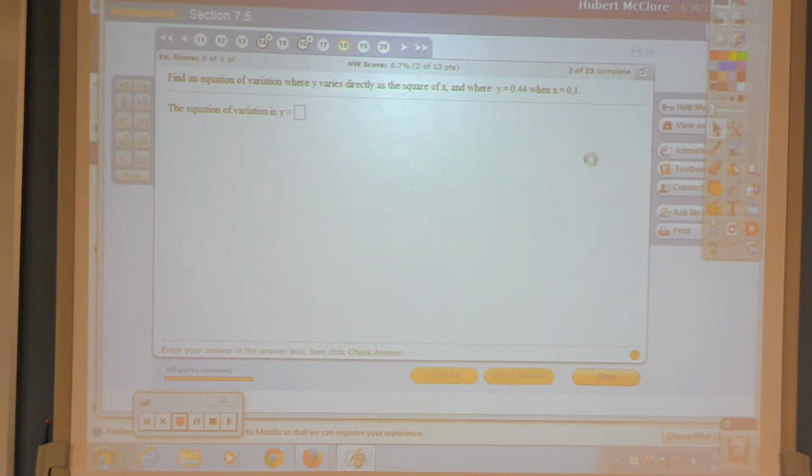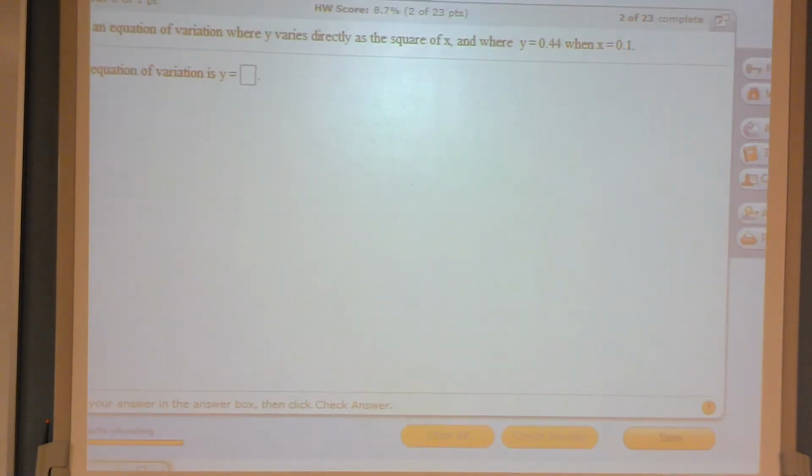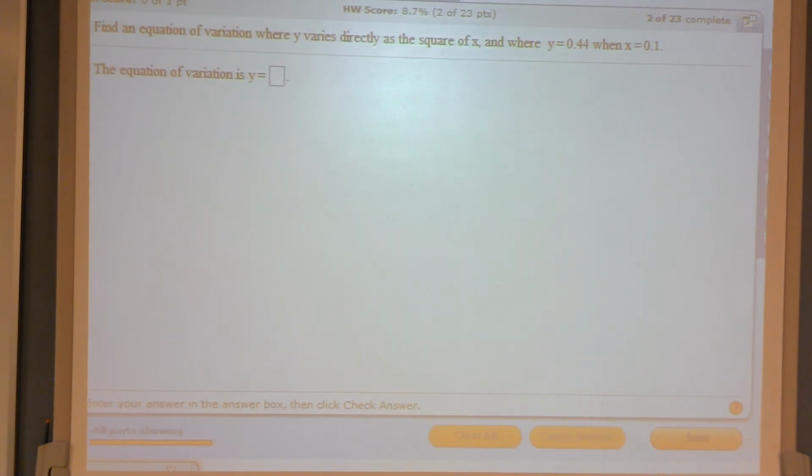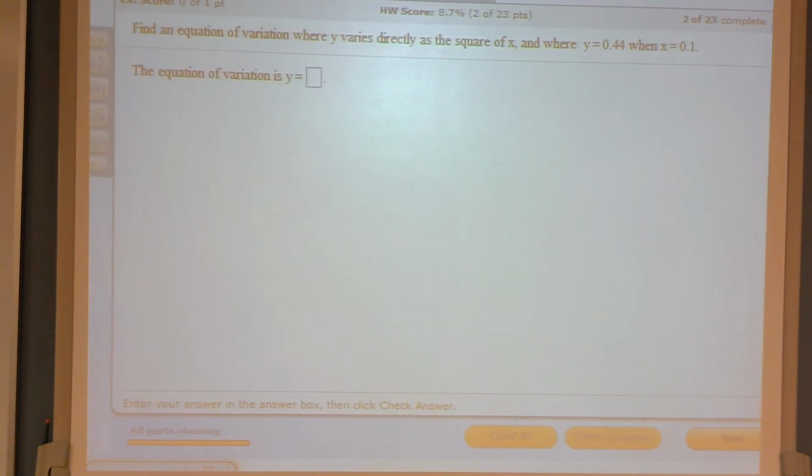All right, now this one adds a twist. So go ahead and write it down, and you don't have to work it because some of you may not be able to, because I do not like the way they put a phrase in here. I'll just go ahead and tell you. The square of. That is not the square root of. You need to highlight that.